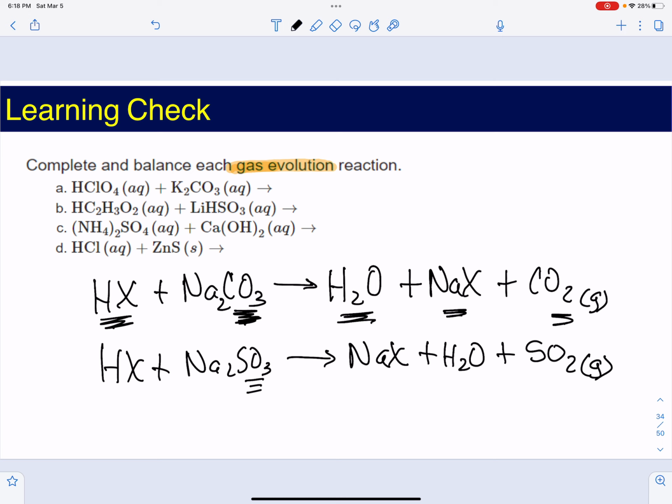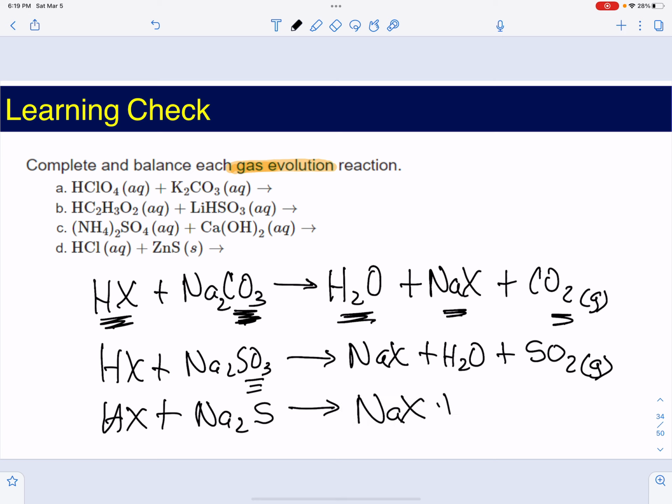Anytime you react an acid, and I know those equations are not balanced, I'm just showing you the pattern, with a compound containing sulfide, not sulfite, but sulfide, you're always going to get the salt and dihydrogen sulfide, which is also a gas.